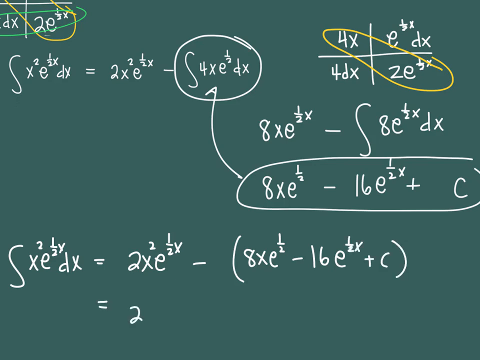So that negative has to be distributed. So I'll have negative 8x e to the half x plus 16 e to the half x.